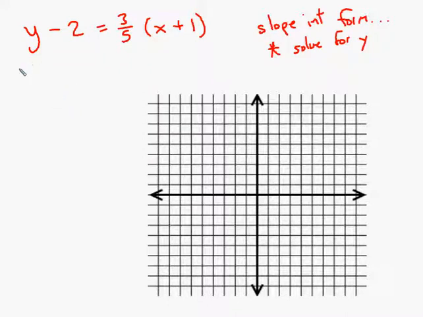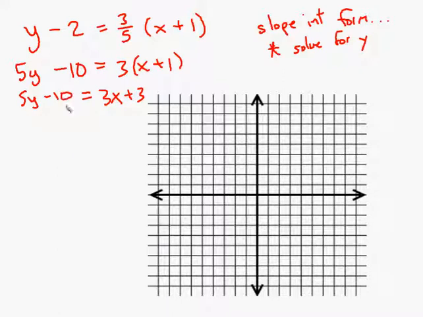Clear the fraction. So we're going to multiply both sides by 5. And then we'll distribute the 3. Now there's nothing wrong with distributing that 3/5, but it's way easier to clear the fractions first. And then we'll add the 10. And then we divide everything by 5, so I get 3/5 x plus 13/5.